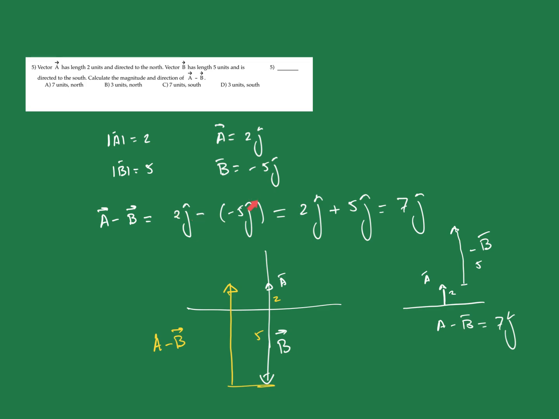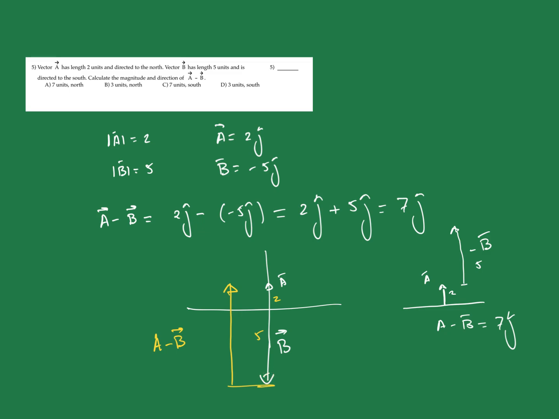A minus V is 2j plus 5j, which is 7j. So the vector A is here. The vector V is minus 5j.